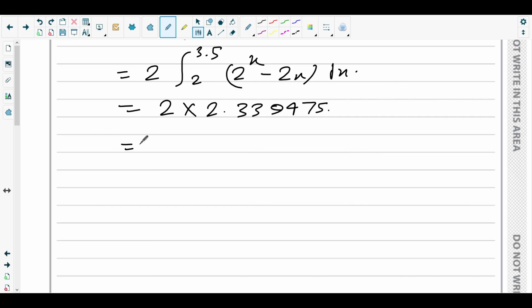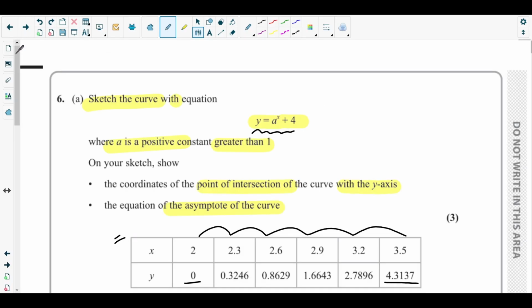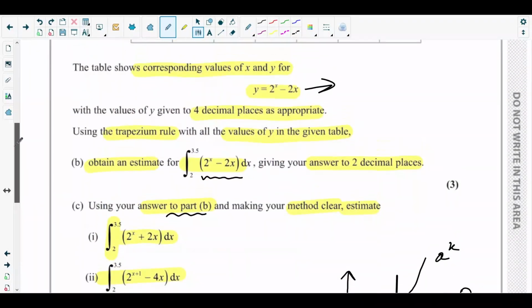So the value would be 2 times 2.339475, which gives 4.67895. Up to 3 significant figures, we can write 4.68. That's the answer for part C2, and that's the end of question number 6. Fine.